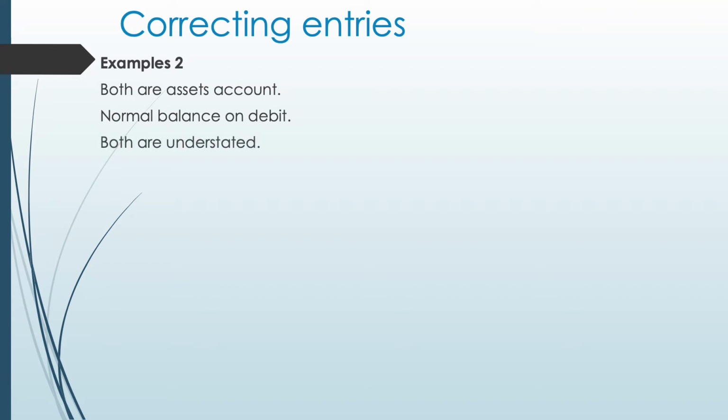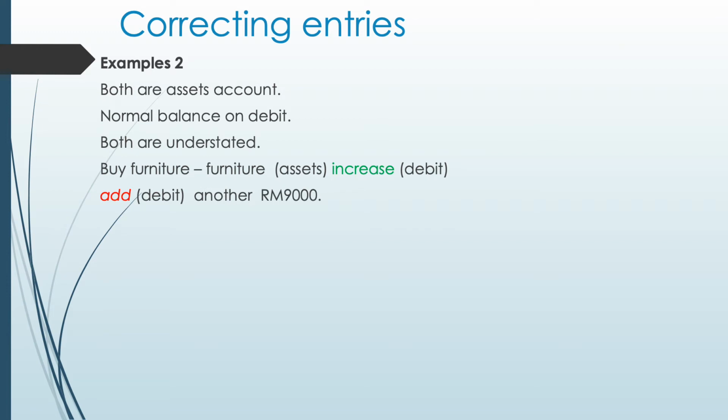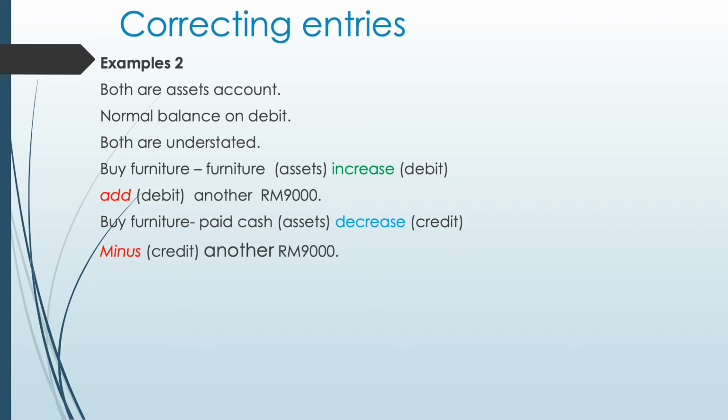Both are understated. Buy furniture, asset increase, we debit, so add or debit another 9,000 ringgit. Buy furniture paid cash, asset decrease, we credit, or minus or credit another 9,000 ringgit.